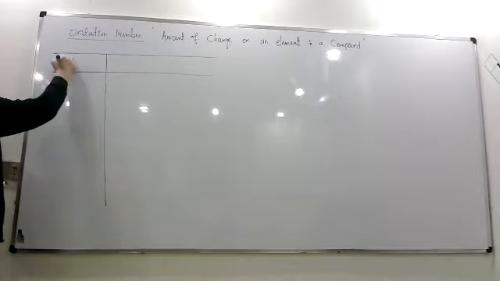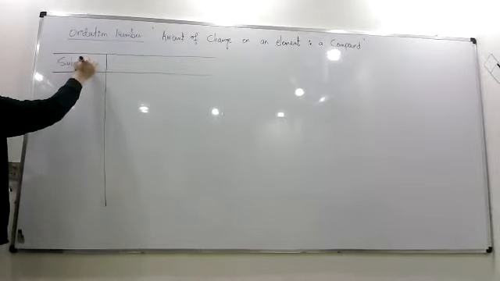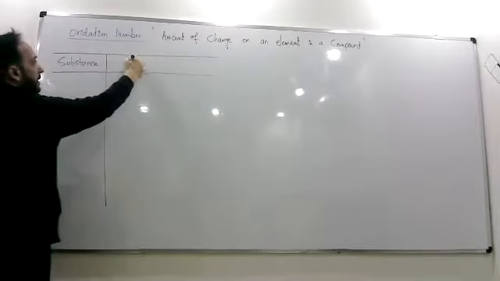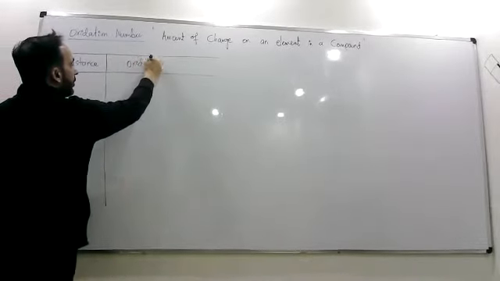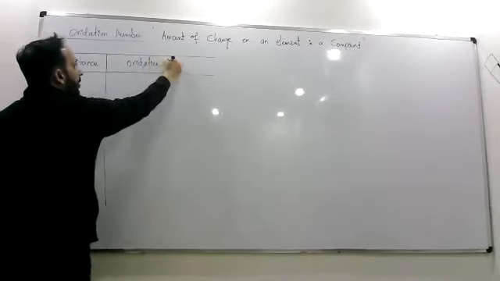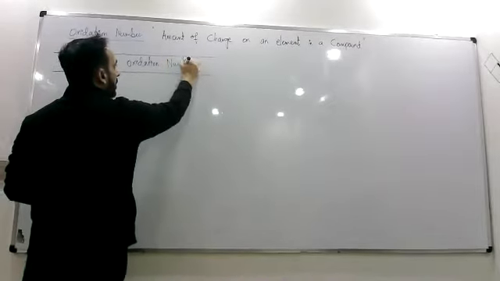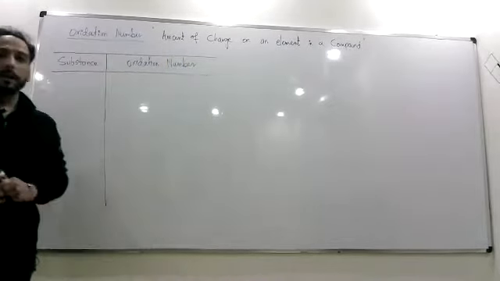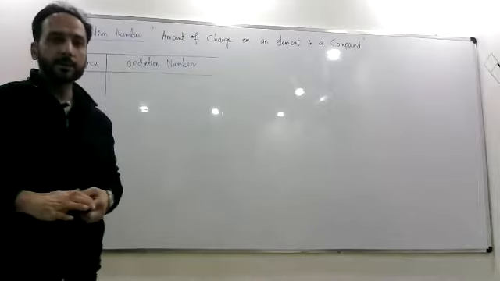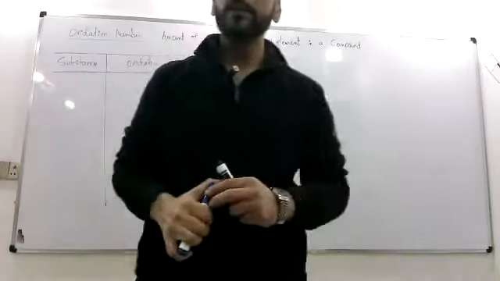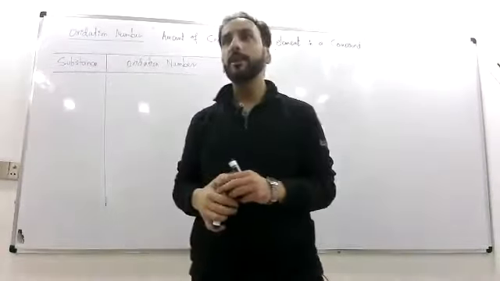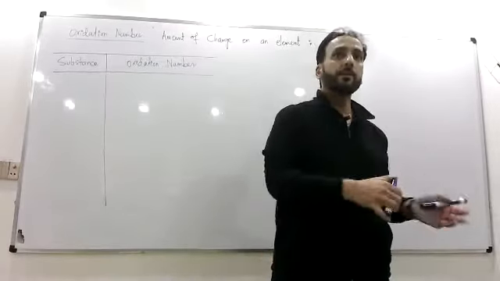Okay, so it's like the substance here, and then its oxidation number. The thing is that some of the elements' oxidation numbers are fixed, and we use them to find the oxidation numbers of the elements which are not fixed.